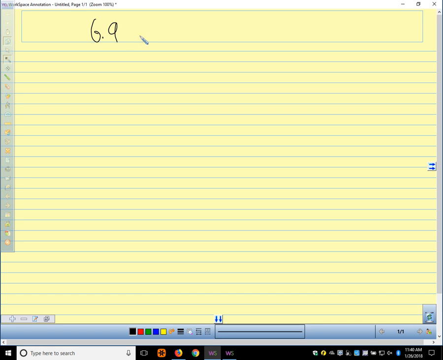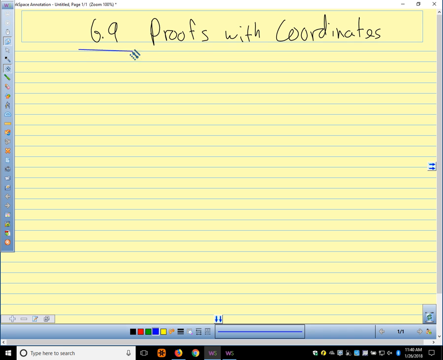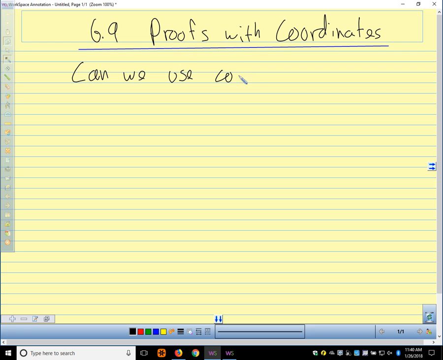So this is the last section of the chapter, 6.9. All right, so for the first part, what we want to do is answer, can we use coordinates to figure this thing out?